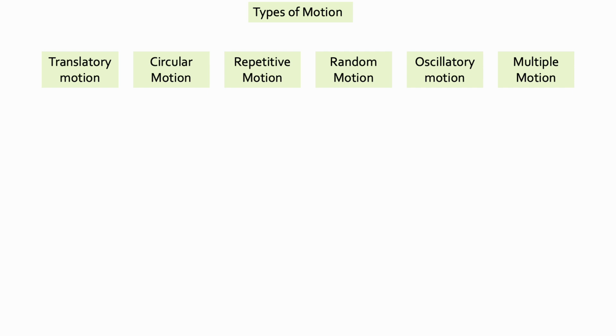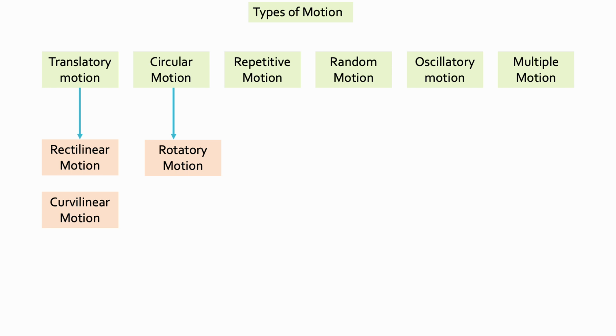Let's break some of these down even further. Translatory motion can be rectilinear, which is straight line movement. Then curvilinear, which indicates curved path movement. Circular motion can be rotatory, like a fan blade spinning on its axis. Revolutionary, like the earth revolving around the sun.